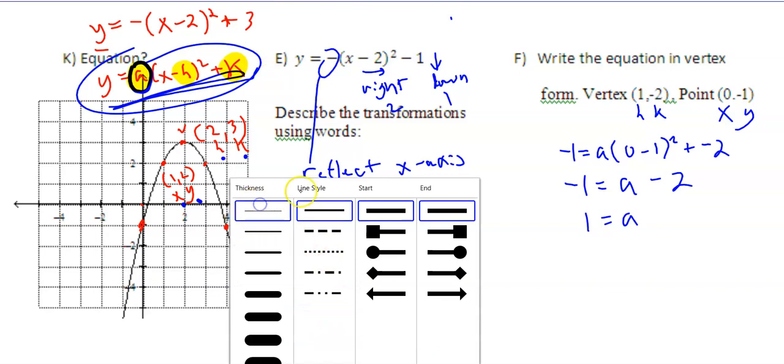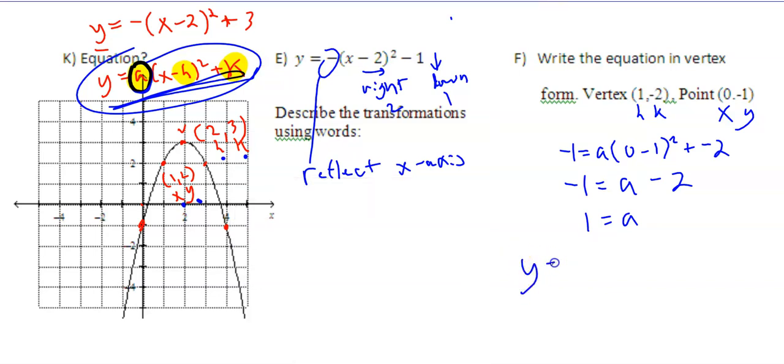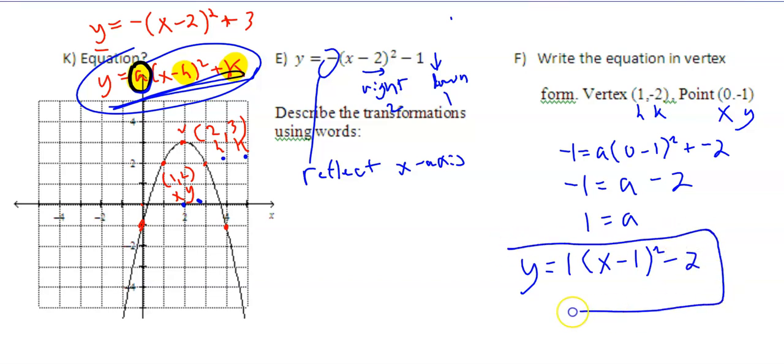So I'm going to go ahead and write my equation. So it'd be y, you need a y in the equation, in other words, equals 1 times x minus h, h is 1, so x minus 1 squared, plus k, which is minus 2, plus negative 2. And you can write your equation. That's your lesson for today.